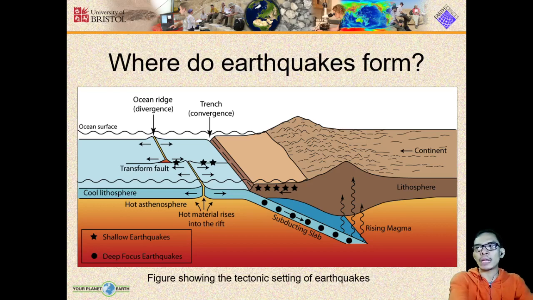So mountain ranges are also related with the tectonic plates. Therefore, mountain ranges, earthquakes, and volcanoes are related to tectonic plates. There's no doubt about it.